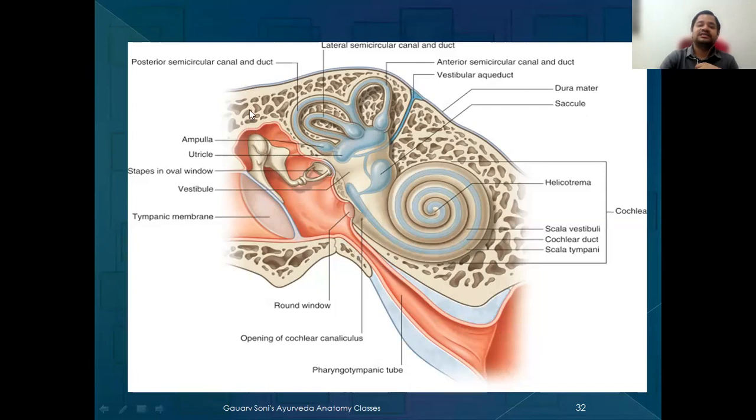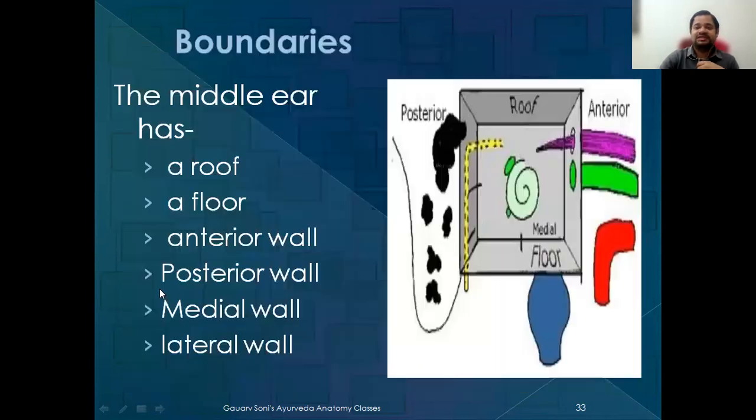On the posterior side, it is connected with the air cells or mastoid region, which is present internally. You can see a big snake-like organ, which has the semicircular canals and the cochlea, the round scale-like thing. Cochlea and semicircular canals are the two basic organs for hearing plus balancing.